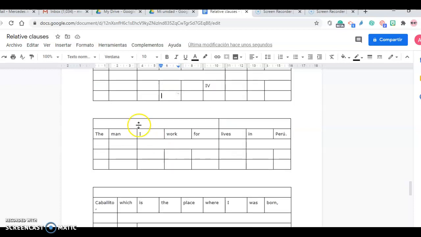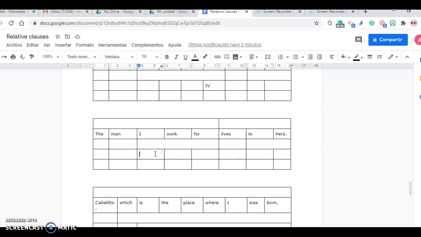And now, if we go to the analysis of this sentence, we have the subject, noun phrase, the predicate, verb phrase. Again, the man is the head, I work for is the post modifier defining relative clause, and I is the subject, and there is a that here that is omitted because we can omit the relativizer, right?